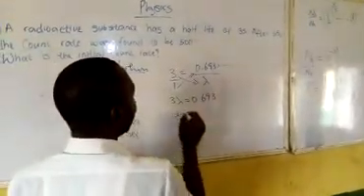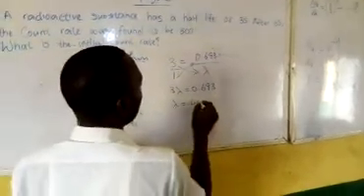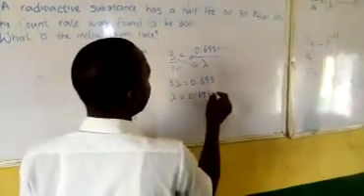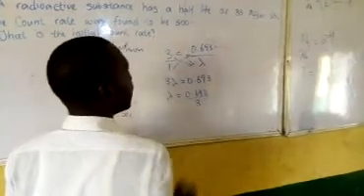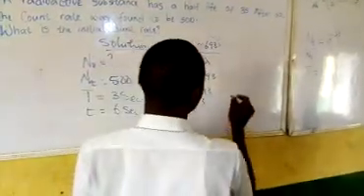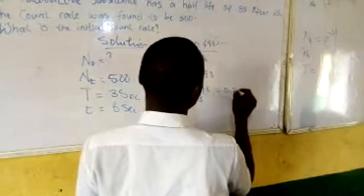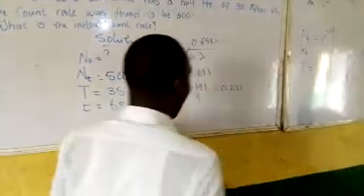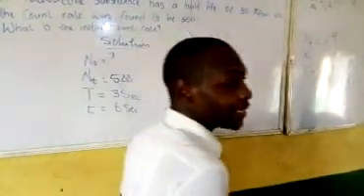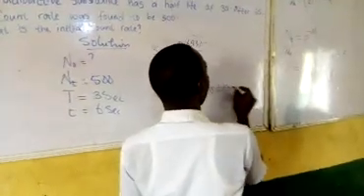And your lambda will be equal to 0.693 divided by 3, and when you do this well, you have 0.231 as your lambda. And this lambda is measured in what? Per second.